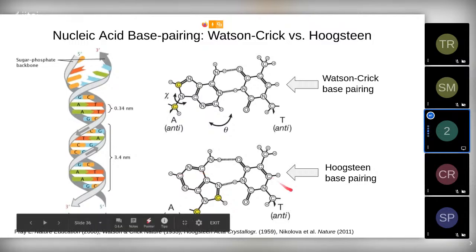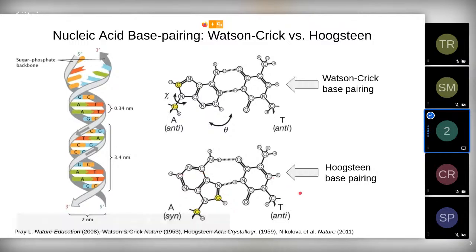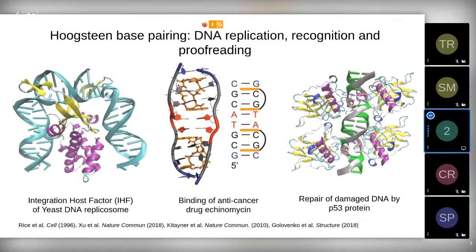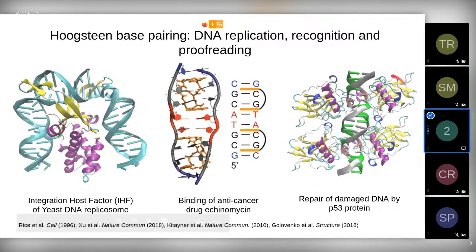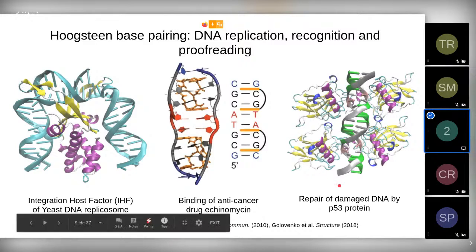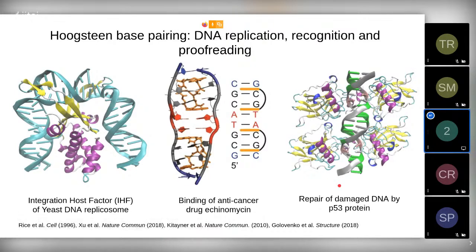This is very rare and can be less than 0.1% of the overall DNA population. But it is very important because it has been postulated that these Hoogsteen base pairs can play a big role in DNA replication, DNA recognition by small molecule drugs, or DNA proofreading by DNA damage repair enzymes like the p53 protein, which prevents cancer.